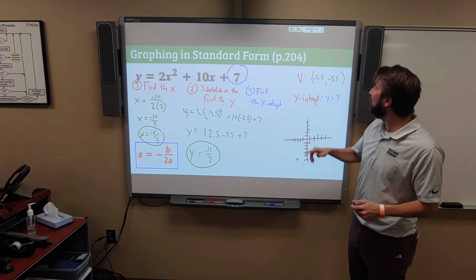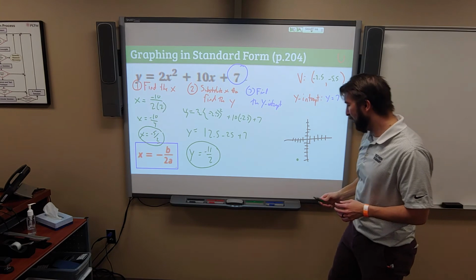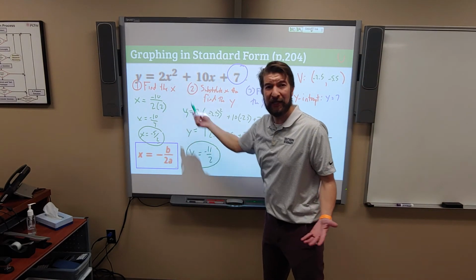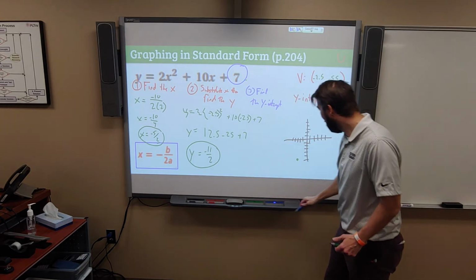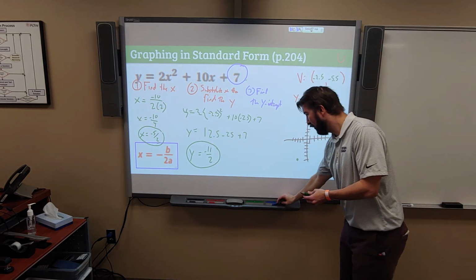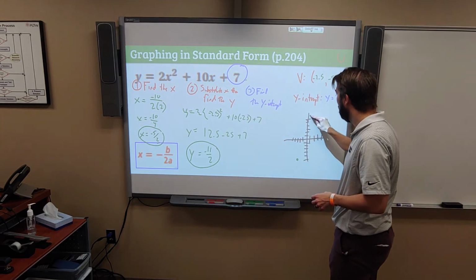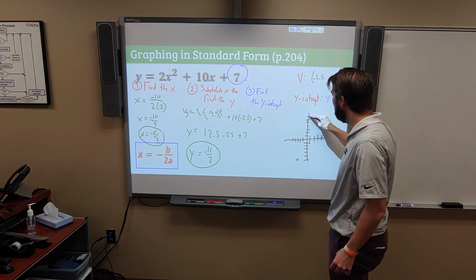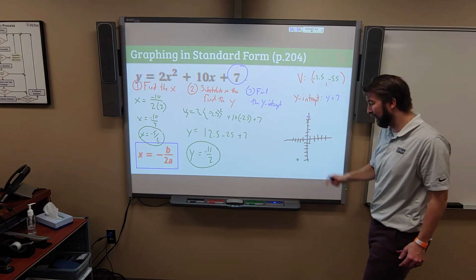Then, remember, my U is going to be going up. And so I'm going to use the kind of slope. I can use the kind of slope to graph, and I can also have my y equals 7, which I need to add a couple more notches up here. So I know that the graph is going to be a pretty skinny graph because it's not crossing the y-axis till up here.